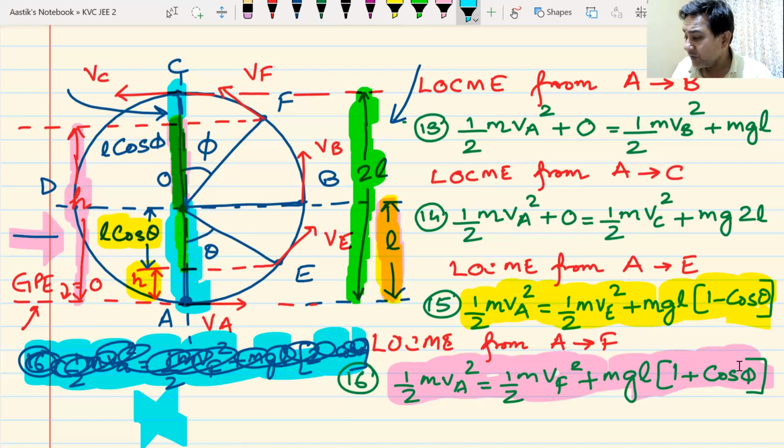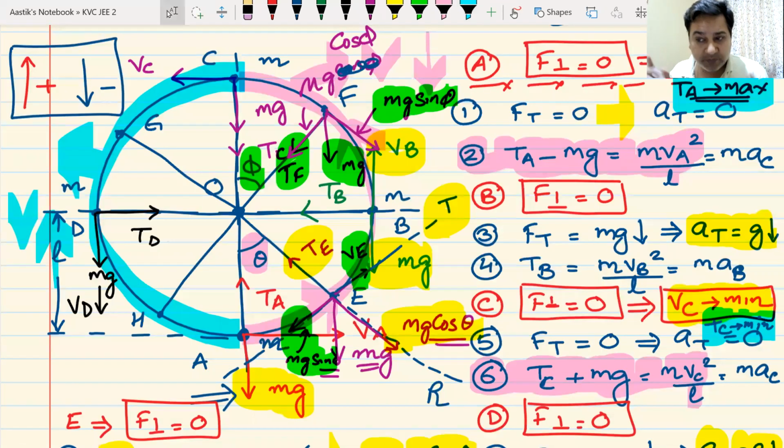You don't have to make all the equations. Either you make equations from A to B, so you only make one log equation from A to B, and then you make equation number 2 and equation number 4, equation number 3, equation number 1, and one log equation, and you are done. You don't require all these equations. So please don't be puzzled.